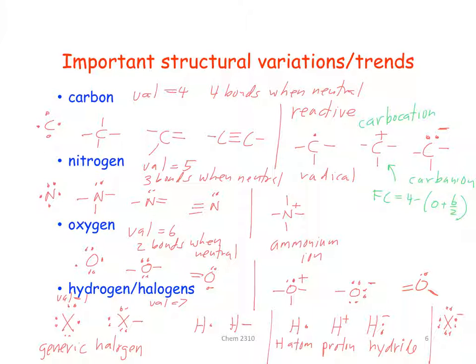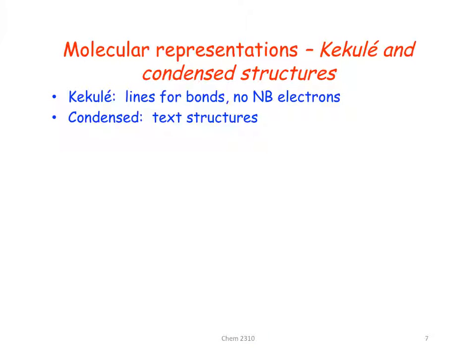But again, it has 3 bonds and a non-bonding pair. We know that, oh, that situation, it has a plus. Okay? So we'd like to be able to recognize that and not have to stop and do our formal charge calculation every time, right? So same for nitrogen, same for carbon. You know, we can memorize these now, but a lot of them we'll be able to just get used to.